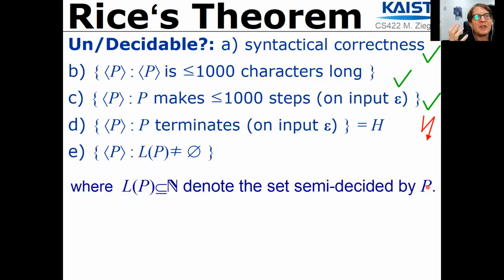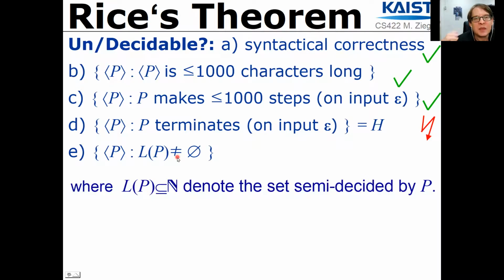So that means that every while program gives rise to and describes a semi-decidable subset of natural numbers, namely the subset consisting of all the inputs where the program terminates and omitting all the inputs where the program does not terminate. So the question is whether this set semi-decided by the program is empty or not, or put differently, whether there exists an input on which the program P terminates or not.